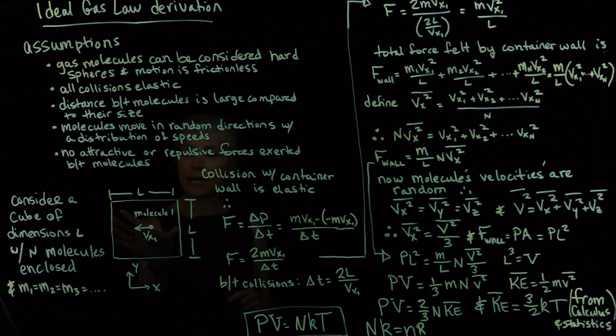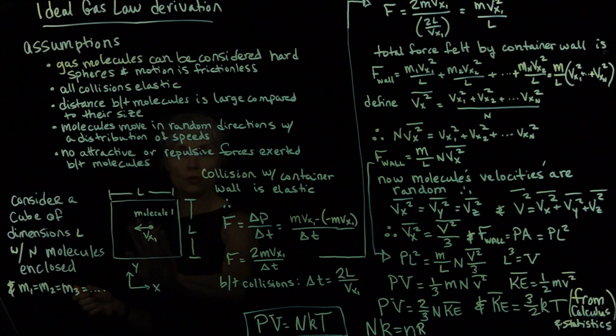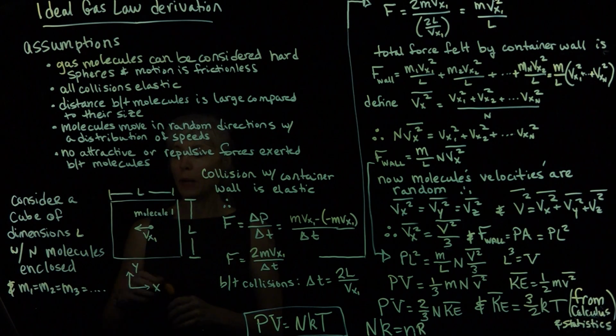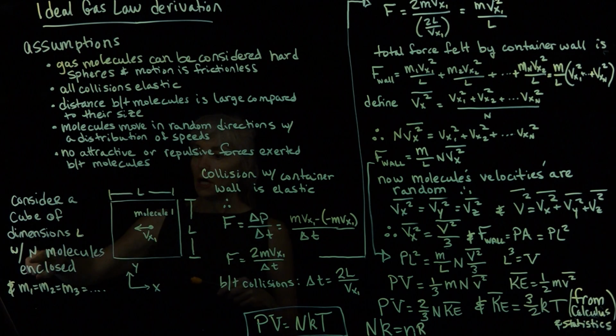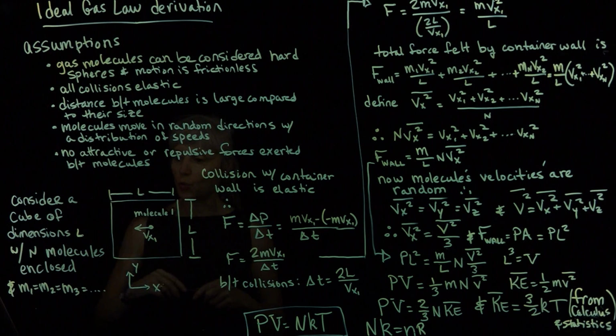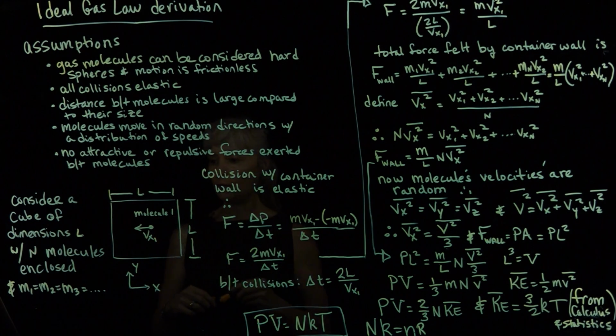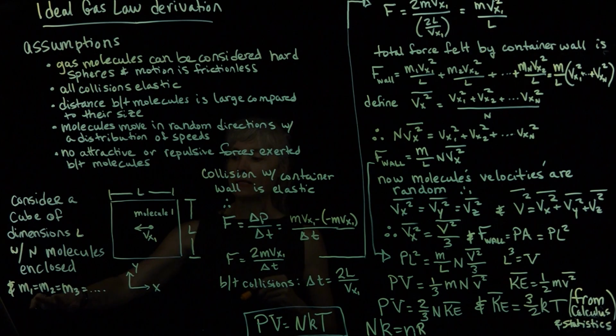Let's consider a cube, of which I've just shown the front face, so 2 dimensions of that cube. The cube has dimensions L, so that means its length, its width, and its depth are all L. And it has N, capital N, molecules enclosed within this volume, and the masses of all of the molecules are the same.